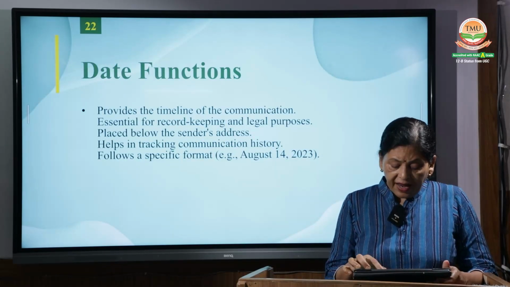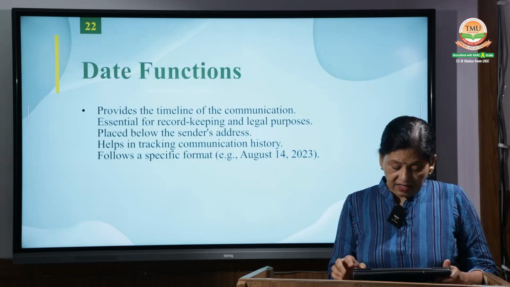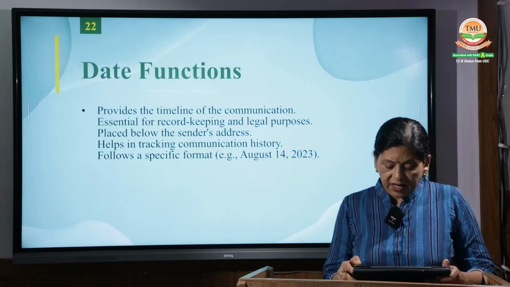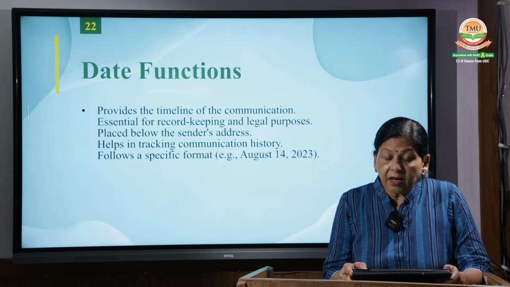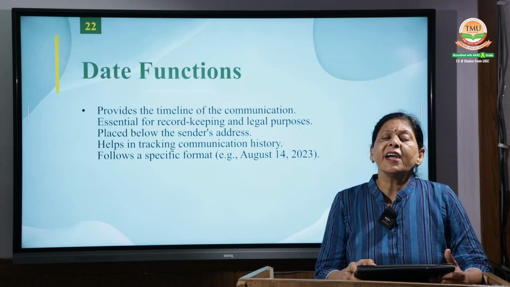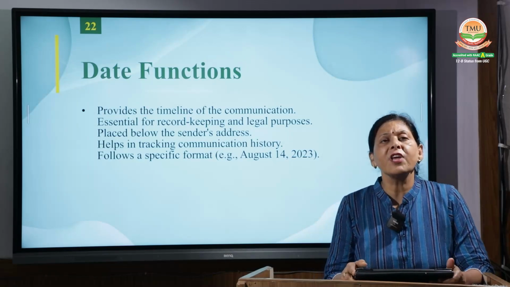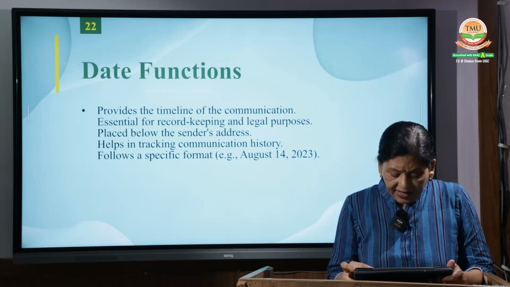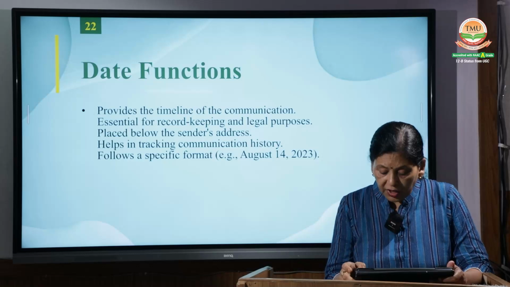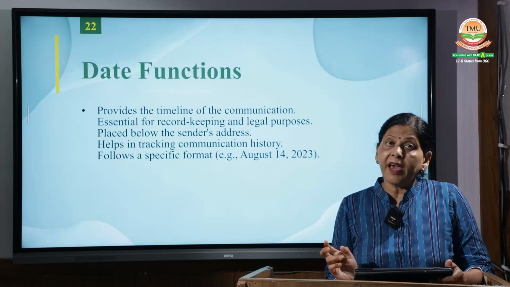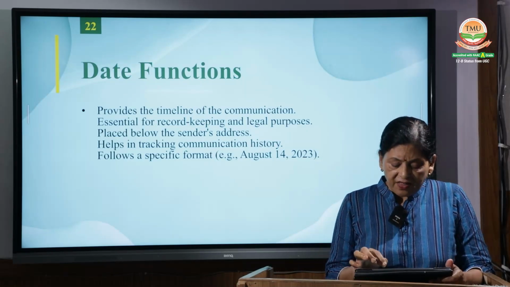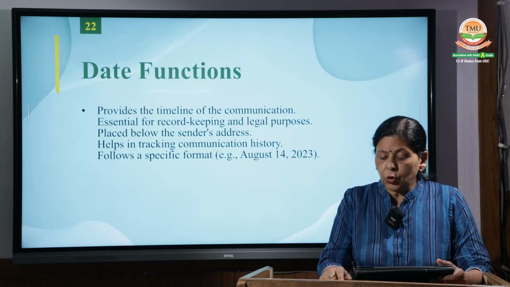Then the date is a very important part of the timeline of the communication. It helps in record keeping, in telling on which date we received which document, and in tracking communication. Here I have even mentioned the forms of dates that we can use.